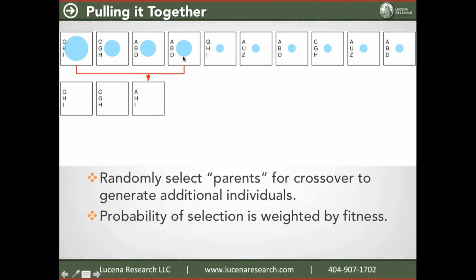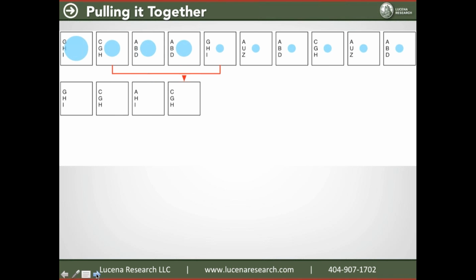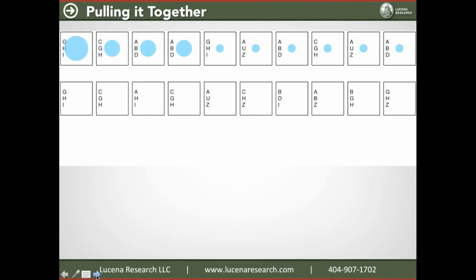So in this case, these two were randomly selected, and that's the child, and so on, another set of parents, and eventually we fill out that whole new generation. So this new generation now presumably represents an improved population because the higher performers were able to push their genes into the next generation.